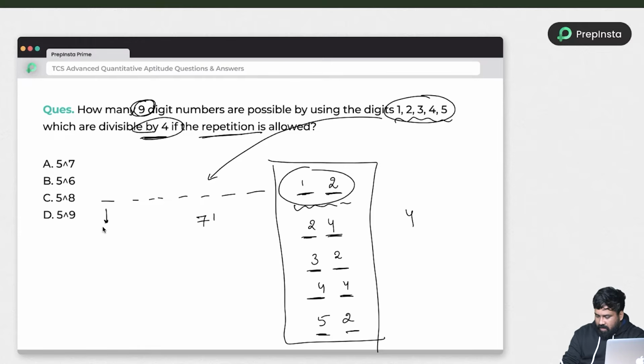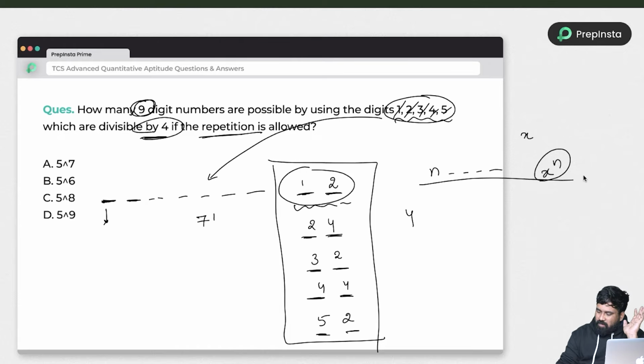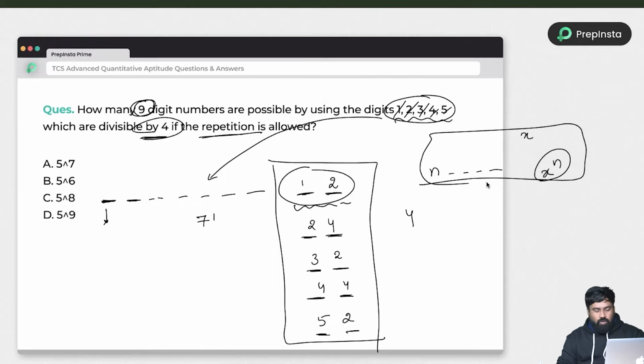Each place can be occupied by 1, 2, 3, 4, 5. So whenever you have n places and x numbers with repetition allowed, the total number of possible ways is x power n, right? So this is a basic thing you need to know, right?